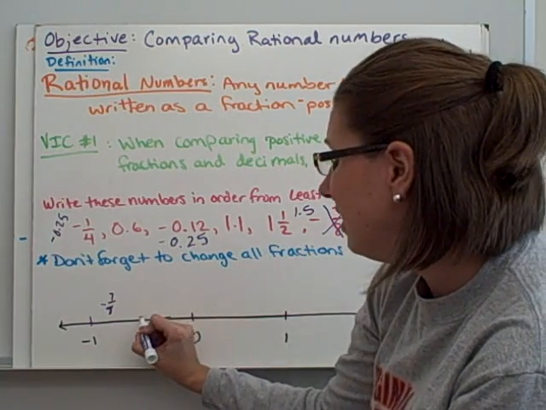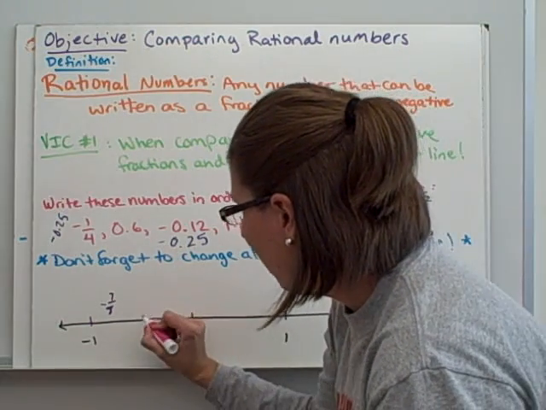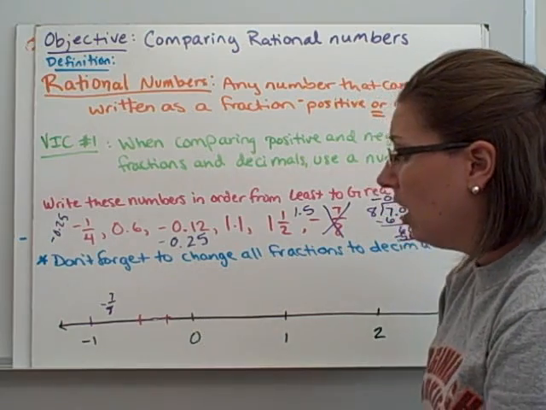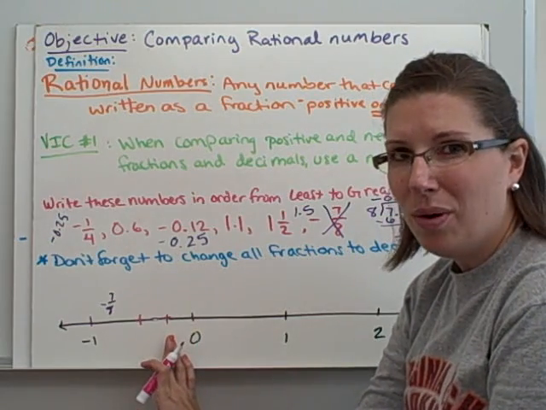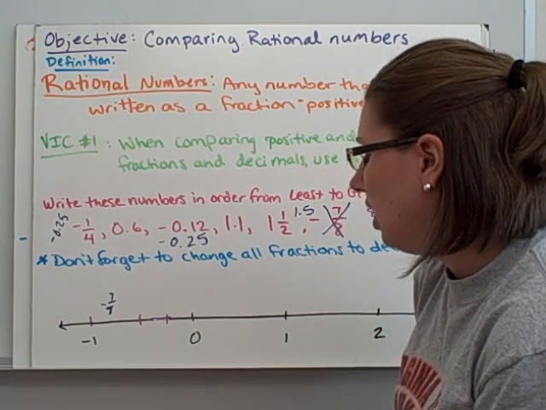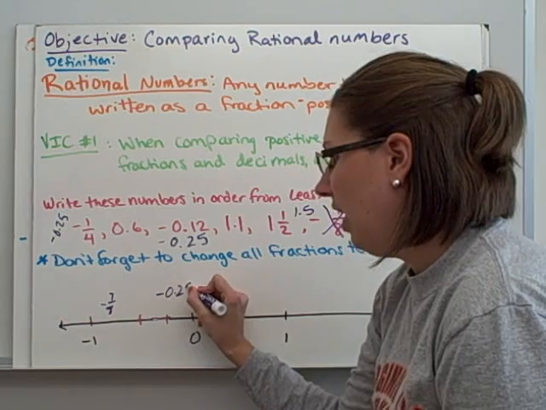Let me use a different color. If this is about halfway between 0 and -1, then this would be half of a half, or 1/4, a quarter of the way. So about right here is my negative 0.25.